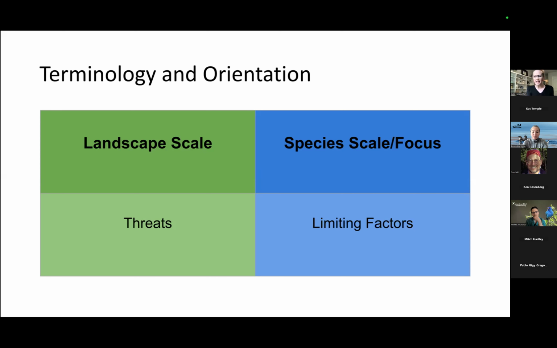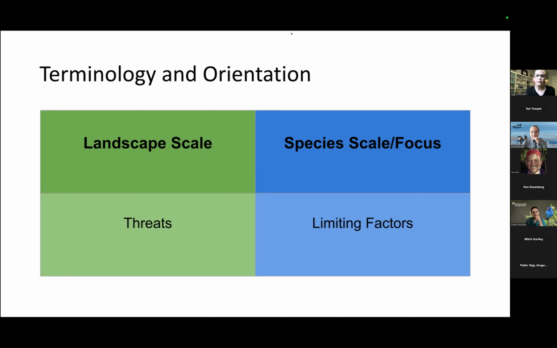And so last time I used Baird sparrow as an example here. And we can think about that same example in just highlighting the relationship that we're using in the wheel. The grassland loss, habitat loss, grassland loss would be the landscape scale threat for that sparrow species, the Baird sparrow species.